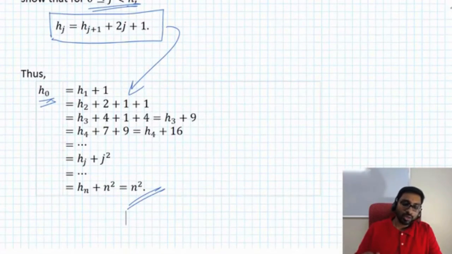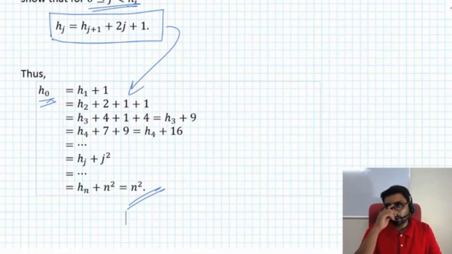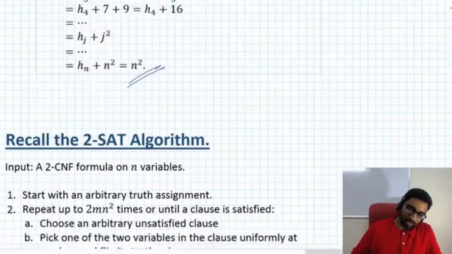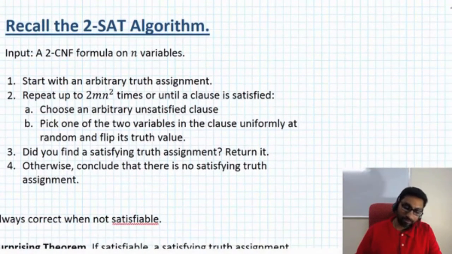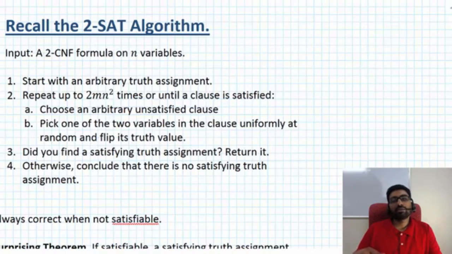Okay, so this is quite interesting, but why is it useful? Well, let's go back to an algorithm that we looked at for 2SAT. So we have the input 2CNF formula on n variables. We started off with an arbitrary truth assignment, and we iterated up to 2mn squared times, or until we found a satisfying truth assignment.